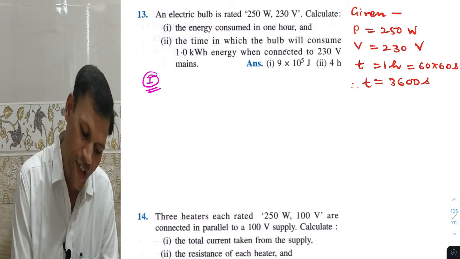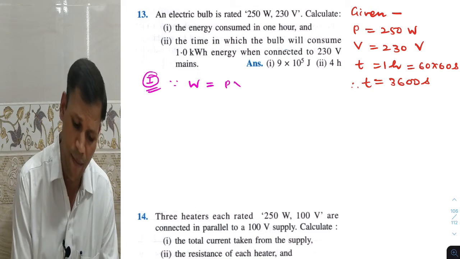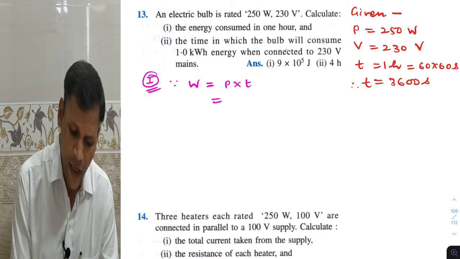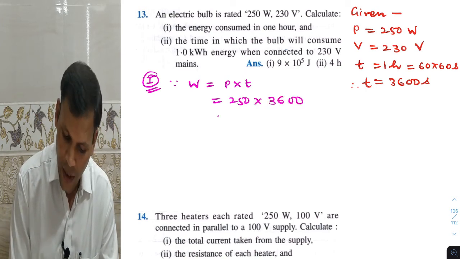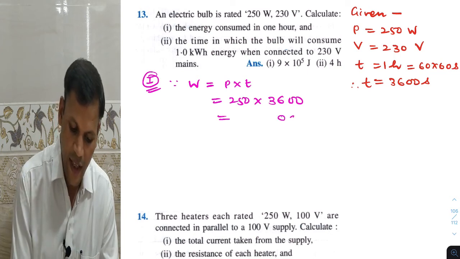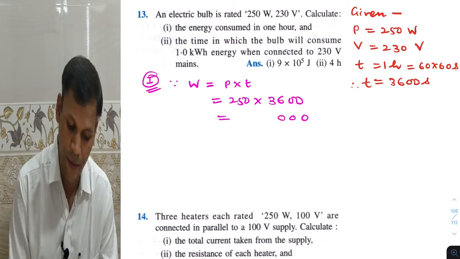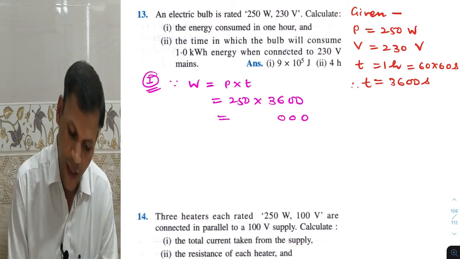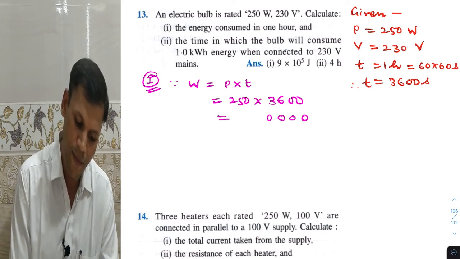So we know energy W is equal to power into time. So power is given, 250, into time in seconds, 3600. So we can multiply. 3 zeros are there, then 25 sixes are 150, carry 15, and 25 threes are 75, plus 15, 75 plus 15 is 90.